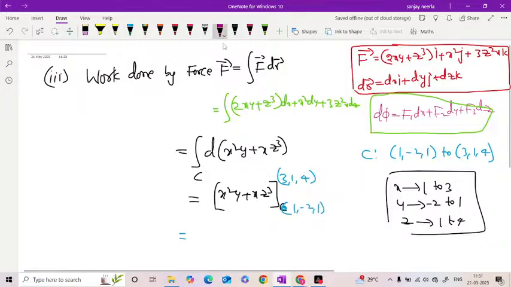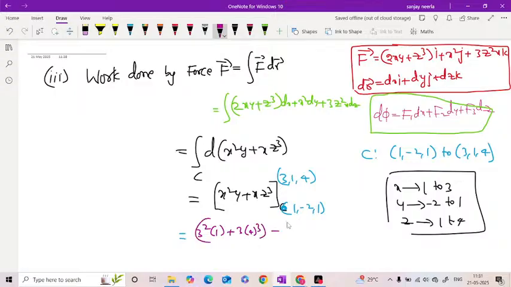Substituting the upper limit: 3 square into 1 plus 3 into 4 cube, minus, for the lower limit, 1 square into minus 2 plus 1 into 1 cube. So we get 9 plus 3 into 64 minus of minus 1, so it is minus minus, plus 1.